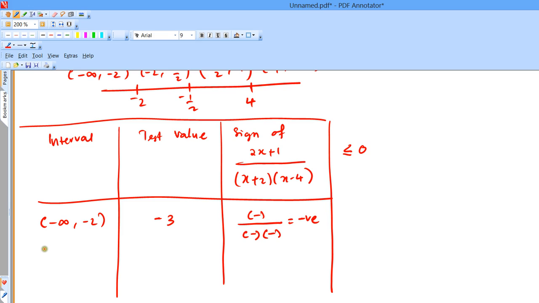Second interval from -2 to -1/2. You can choose x equal to -1 and substitute: the numerator is negative, the denominator is positive, and negative over positive gives a positive sign.